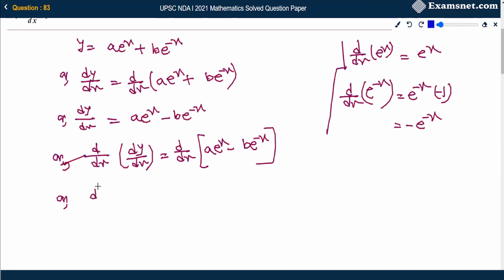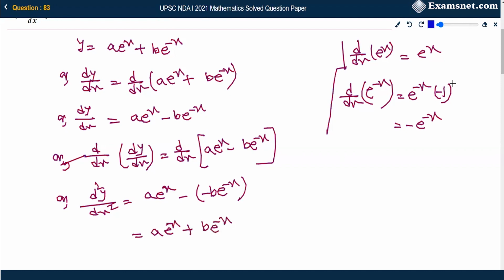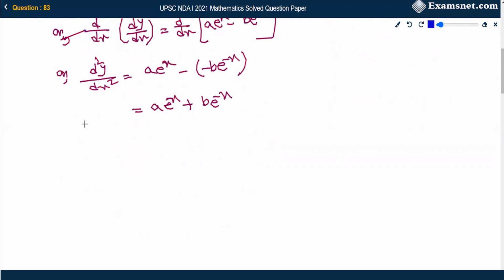Now it becomes d2y dx2. This is the second order derivative. And here a e to the power x. Now minus of minus b e to the power minus x. So it becomes minus minus plus b e to the power minus x.